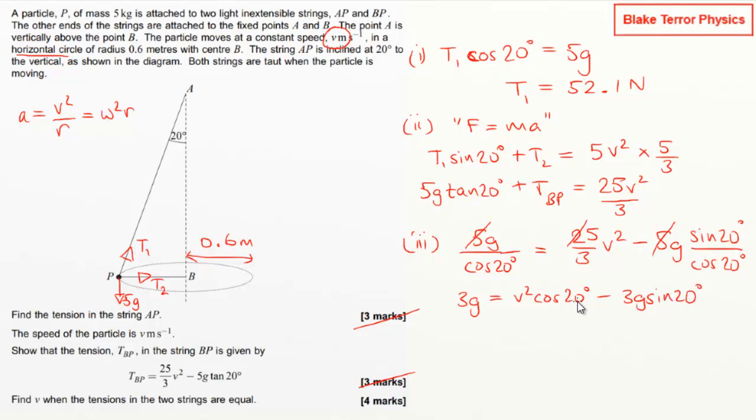Now we just have to rearrange this, make v the subject. Well, I'll start with v squared. So v squared is going to be 3g times 1 plus sine 20 degrees, divided by 5 cos of 20 degrees.